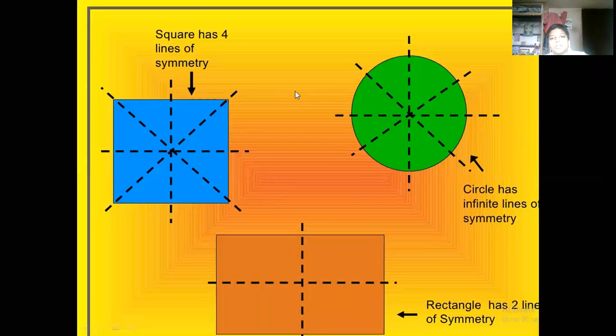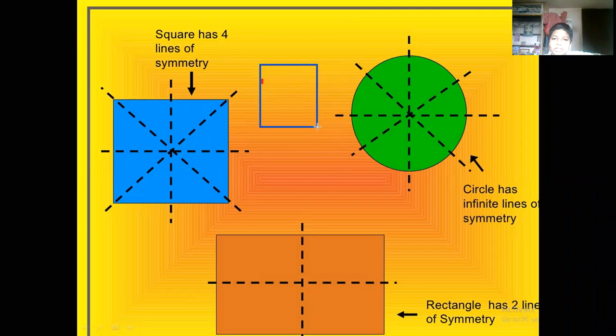See here, the square has four lines of symmetry. We had already discussed this in the case of the shape of the square.